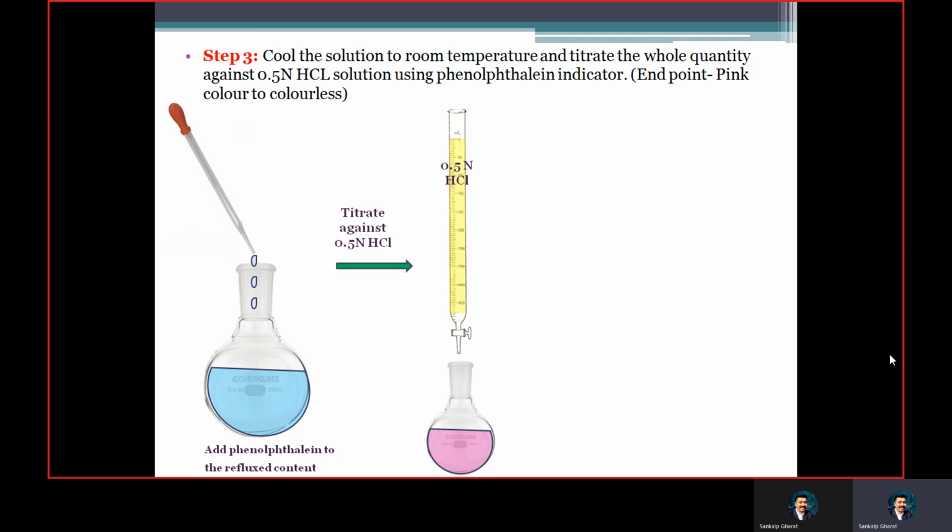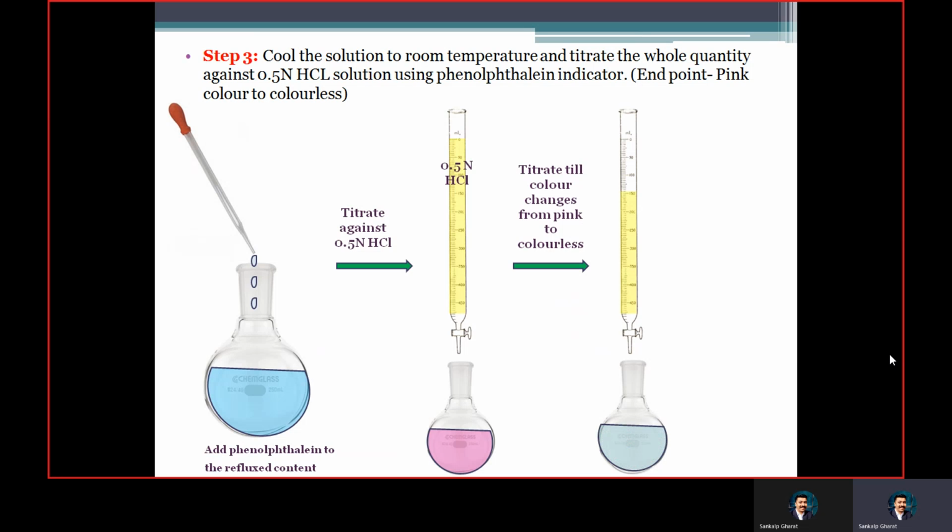Once you add phenolphthalein to the reflux product, initially the solution in the RBF would be pink. In the burette we have filled 0.5 normal HCl, and we would be titrating it against the reflux content. Slowly and gradually we have to titrate using 0.5 normal HCl till the color changes from pink to colorless.